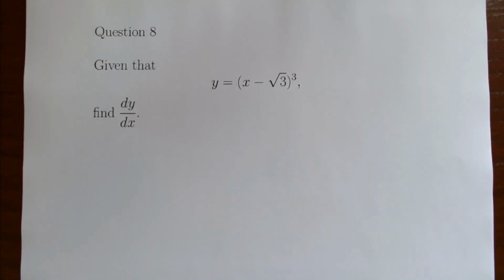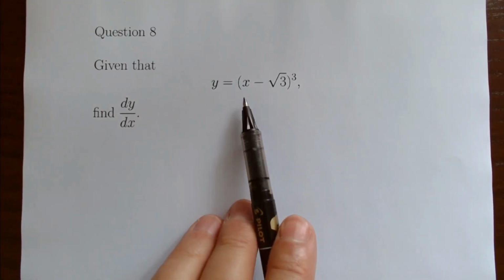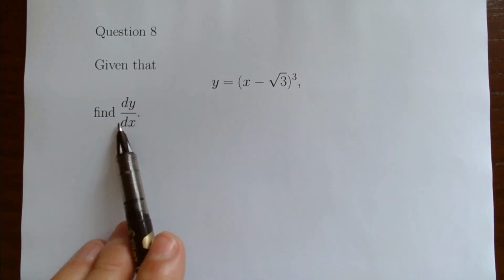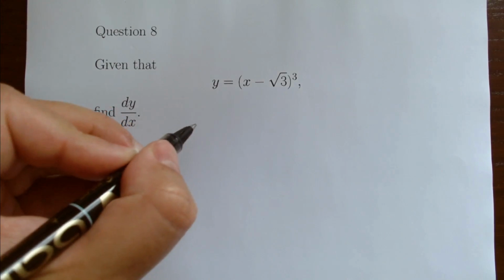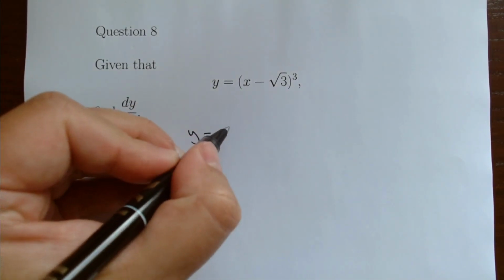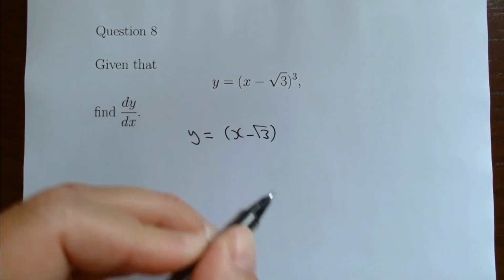Okay, question number 8, we're given a function y equals x minus root 3 all cubed, and we need to differentiate it. So we begin first by expanding the triple bracket. I'll write it out first.